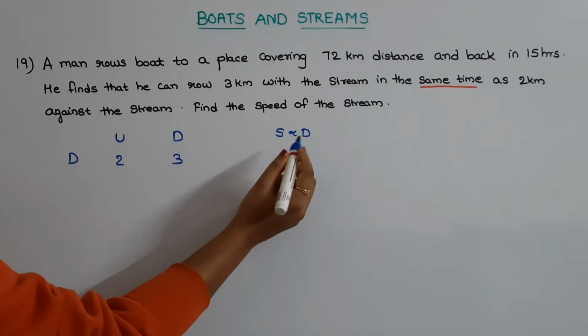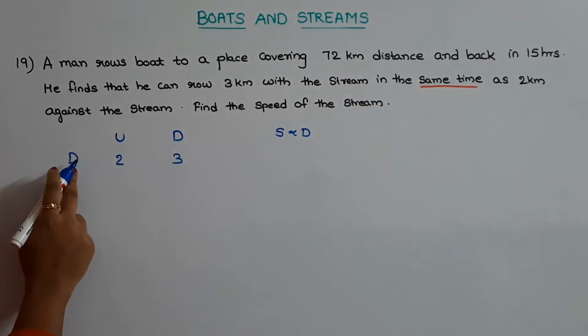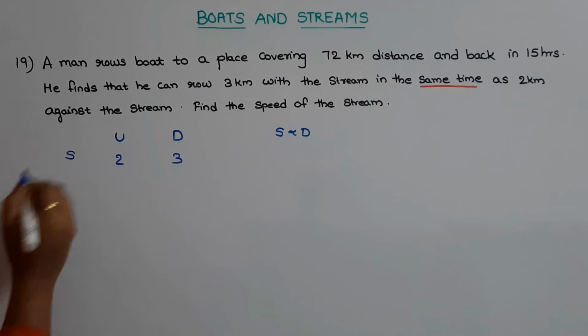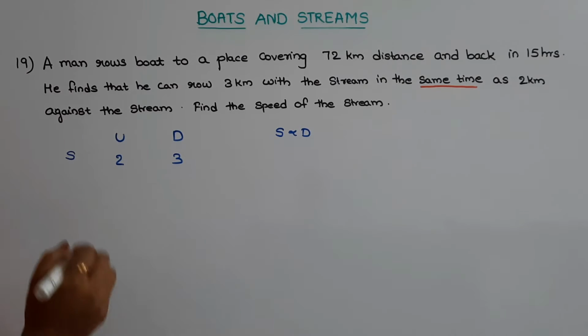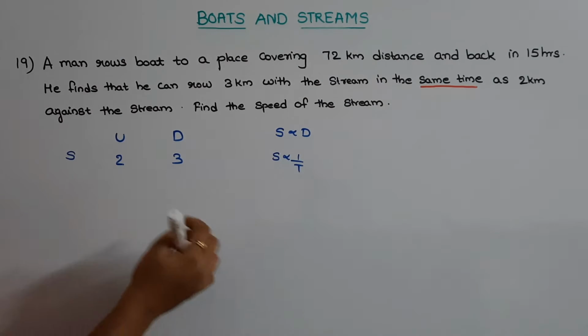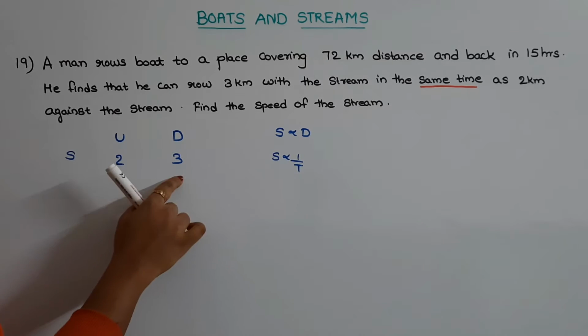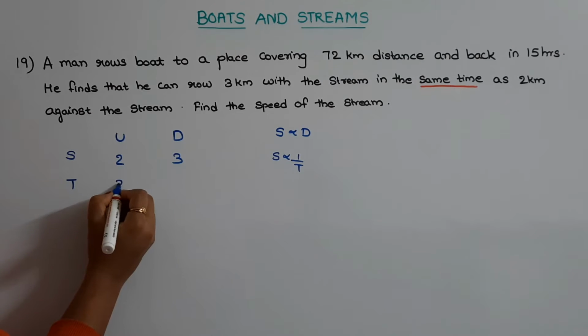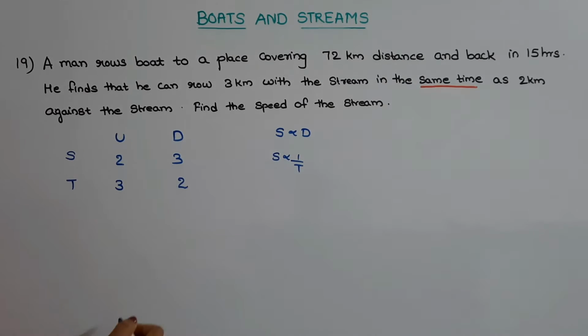Since the time period is the same, the distance ratio is the same as the speed ratio. Now we also know that speed is inversely proportional to time. If the speed ratio is this, then the time ratio will be the inverse of this. So the time ratio will be 3:2.